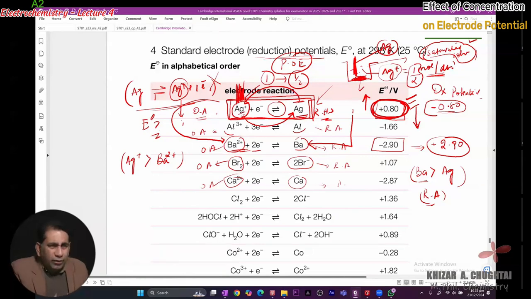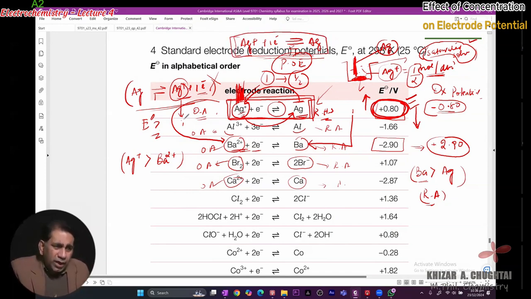Or you can also reverse this equation, so electron must be on the left hand side whenever you write this equation: silver positive ion plus 1 mole of electron goes to silver. So you will rewrite this equation. Now you will announce your prediction.